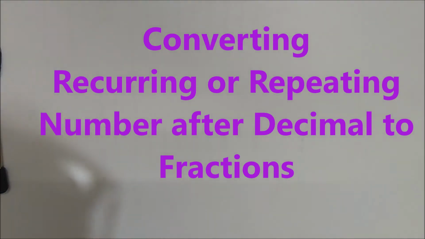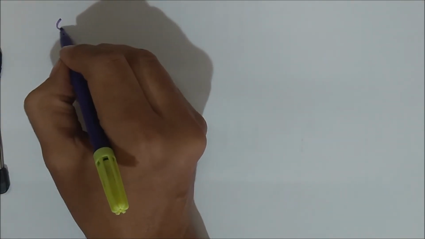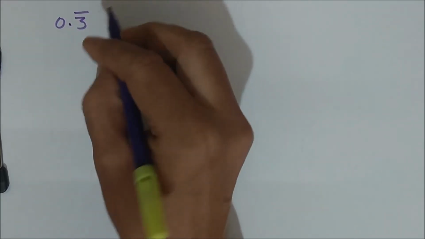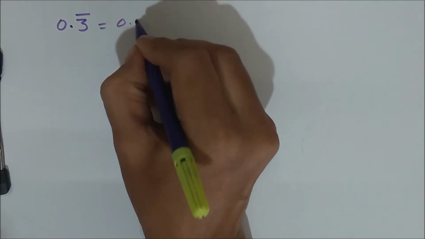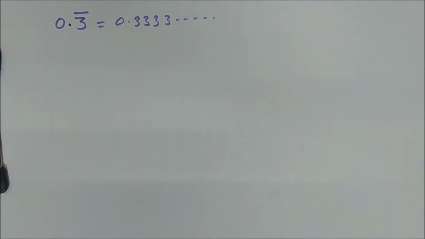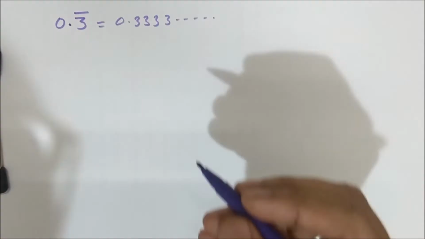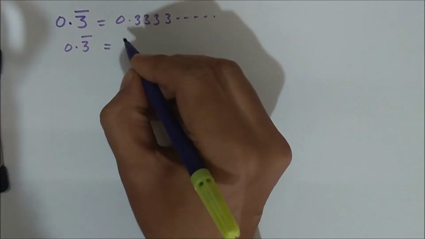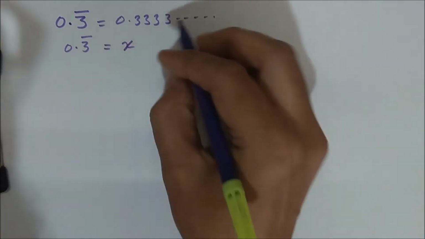Now coming to the more difficult part, that is changing a recurring decimal to fractions. We start by taking a simple and small recurring decimal, that is 0.3 recurring. This can be written as 0.3 and it goes on till infinity. To start changing, we assume that this 0.3 recurring decimal is equal to a value x.